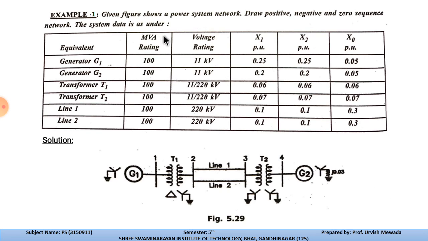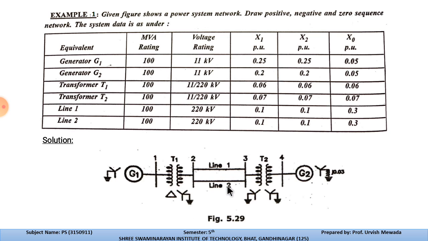In the given system diagram, you can see that we have generator 1 connected with ground, then bus number 1, and bus 1 is connected with transformer T1. It has the primary in delta and the secondary in star, and the star is grounded. Then we have bus number 2, which has a parallel feeder connection.